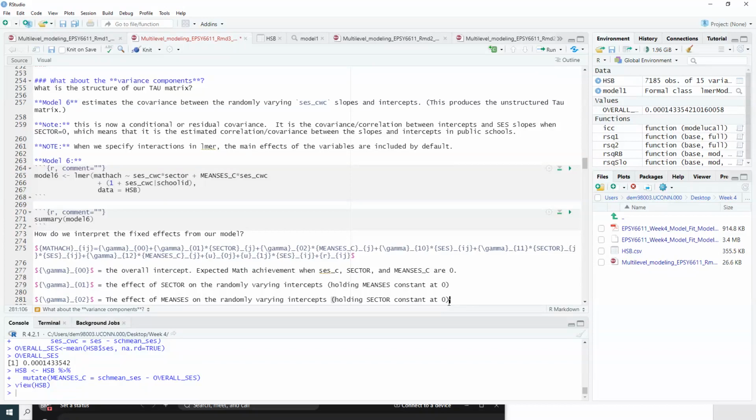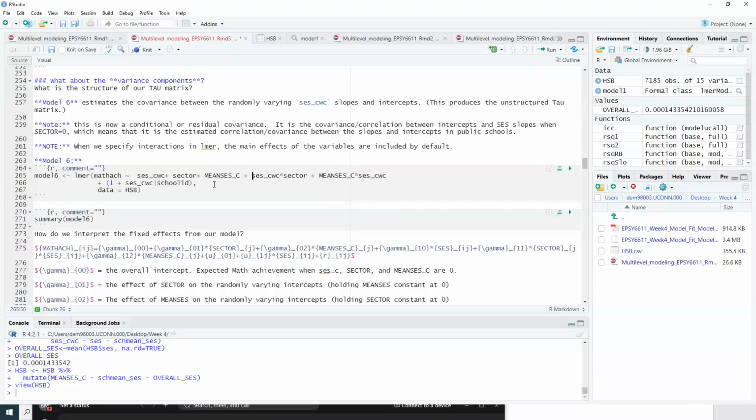I could actually put in, I could do this: sector plus mean SES, plus, there we go.